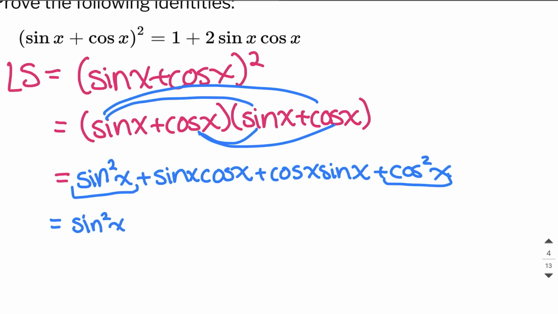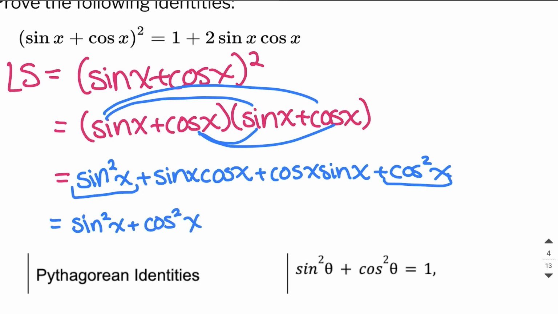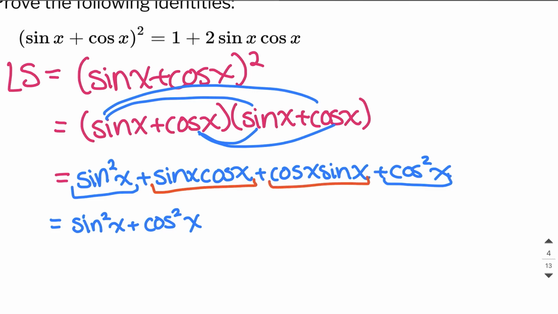Why would I do that? Because those two together make a Pythagorean identity. And if you notice, I have sine x cosine x and cosine x sine x. These are like terms, just in a different order. So I have 2 sine x cosine x.